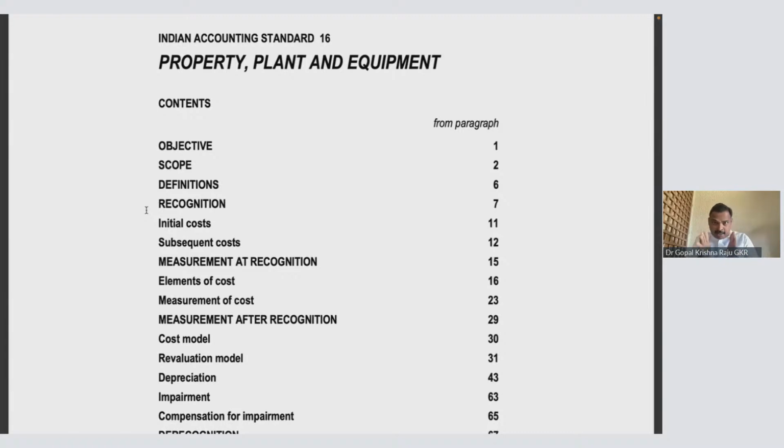Intangible assets, 38, will run for 120 paras, but tangible assets will only run for 79 paras. But the majority of the prescriptions of 16 and 38 will be similar. So therefore, when you read 16, read also 38.